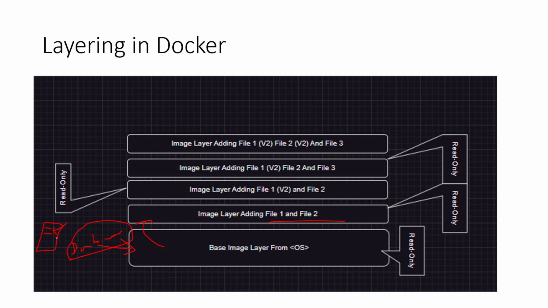Now I will keep adding and executing. I will get the first image, which will be created using this one particular thing. The second image will be built using these two items, and the third image will be built with these items.